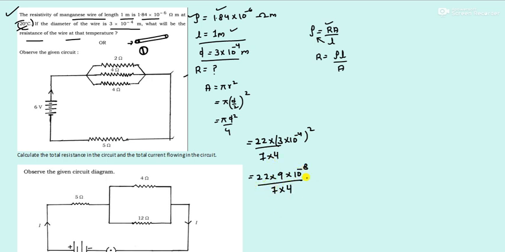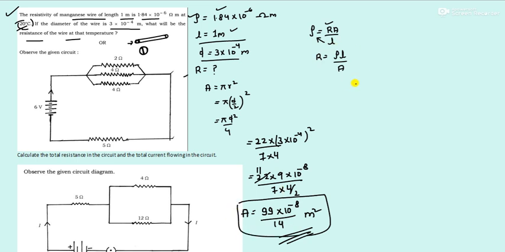Now can we solve this? Yes, we can cancel this. 11 2s are 22, 2 2s are 4. So this becomes 11 × 9, 11 9s are 99, into 10^-8, divided by 7 2s are 14. What is this? The area. You can keep it this much. Don't try to write it in decimal. Just write this much itself.